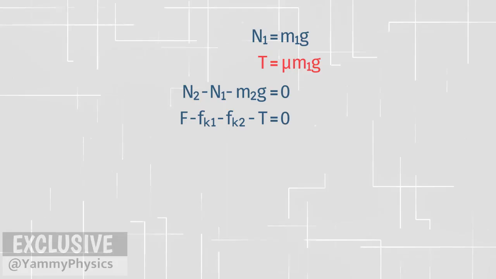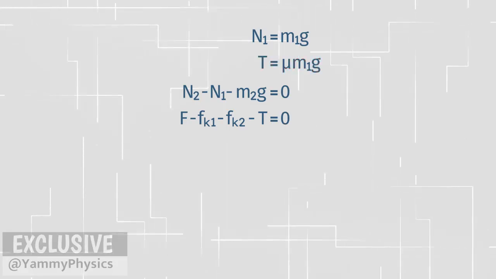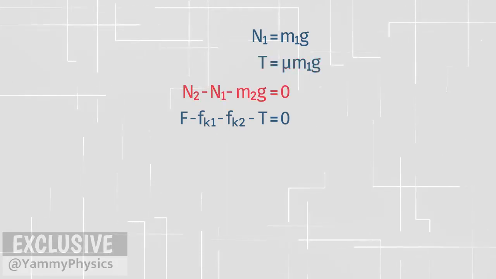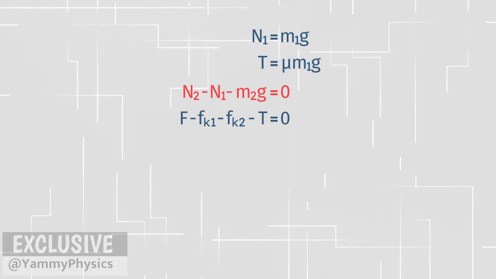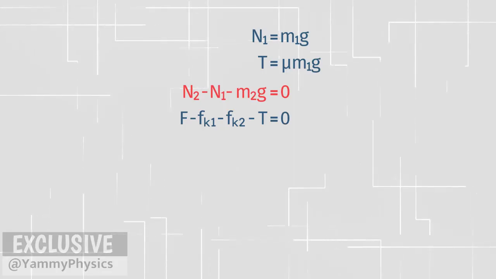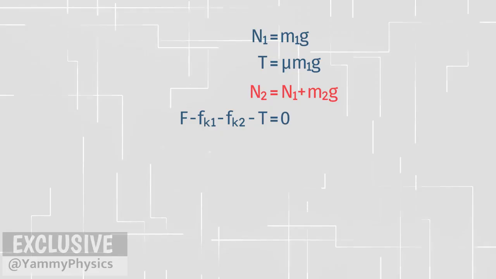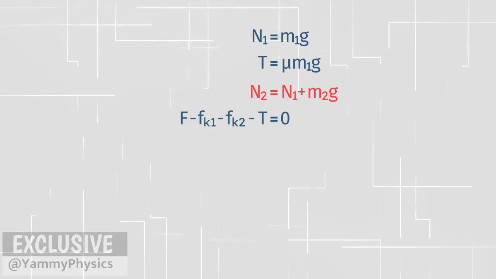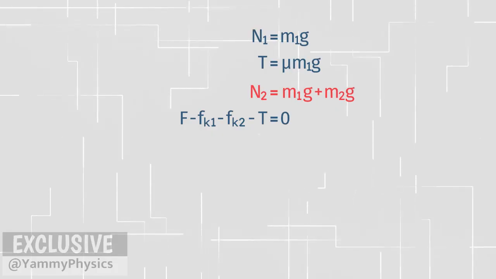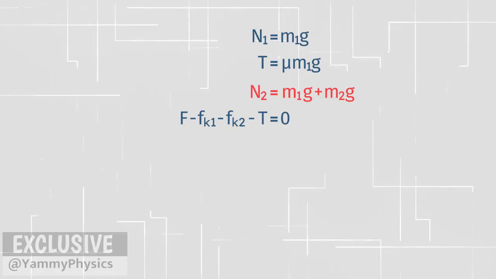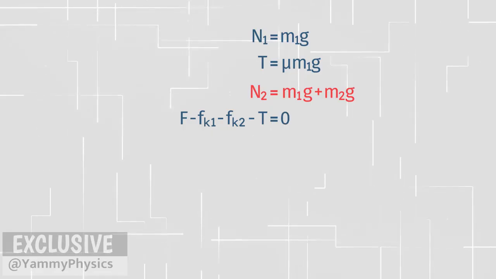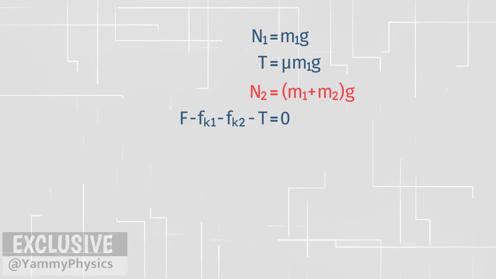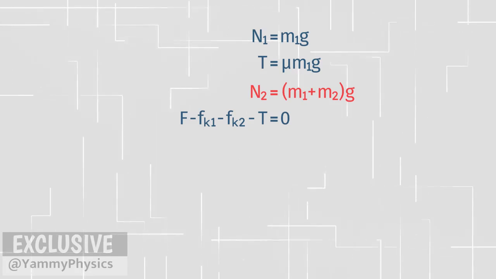T is equal to mu m1g. Now is this equation. N2 is equal to N1 plus m2g. We already know the value of N1. N2 is equal to m1 plus m2 multiplied by g.